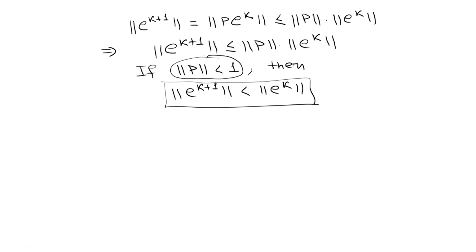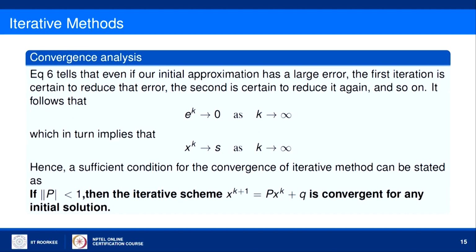So, based on this, we can write the sufficient condition for the convergence of an iterative scheme. Even if our initial approximation has a large error, the first iteration is certain to reduce that error, the second is certain to reduce it further, because in each iteration you are having less and less error, and so on.